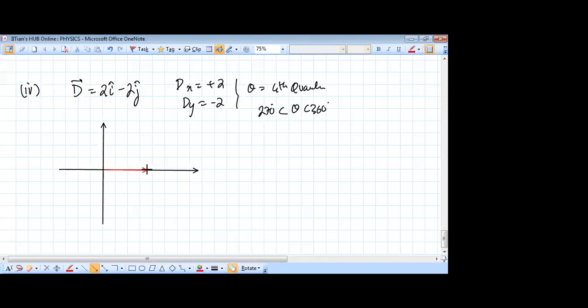So plus 2i cap and minus 2j cap give us a symmetrical vector like this. The magnitude will become 2 root 2.